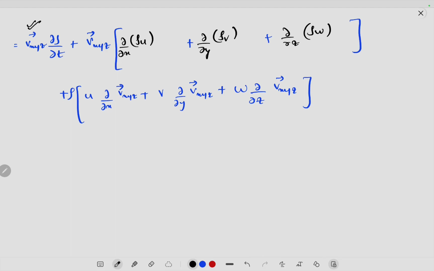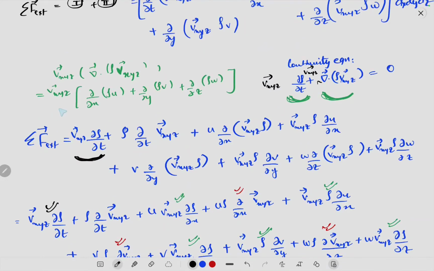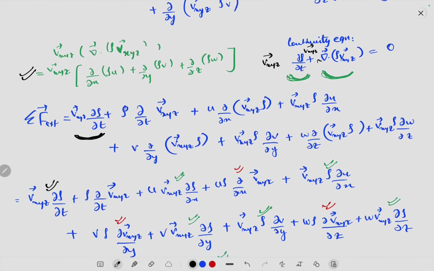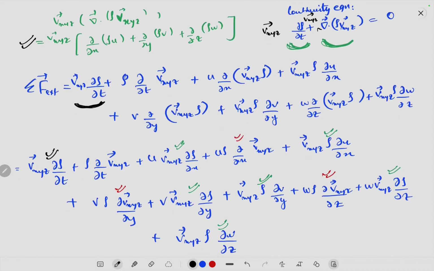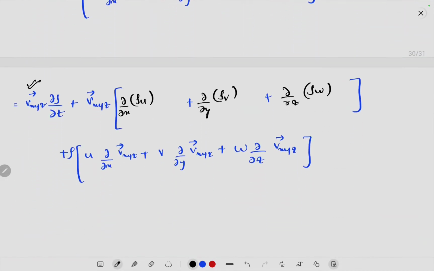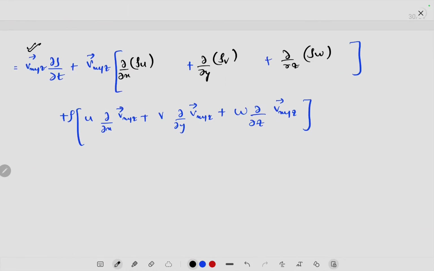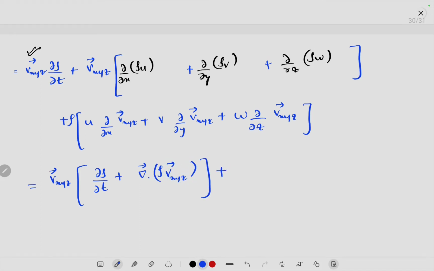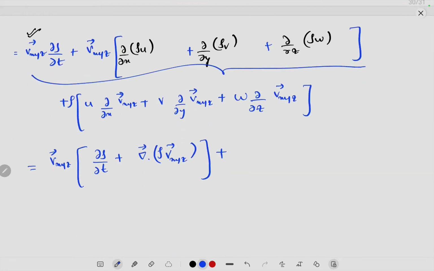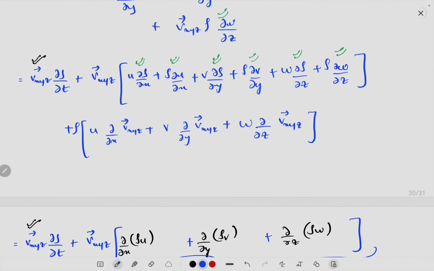Now can you see this equation? This is the same equation which I wrote here. So there is v xyz del by del x rho u plus so on. So we can write this as v xyz outside and del rho by del t plus divergence of rho v, plus, I can't see del v over del t here.